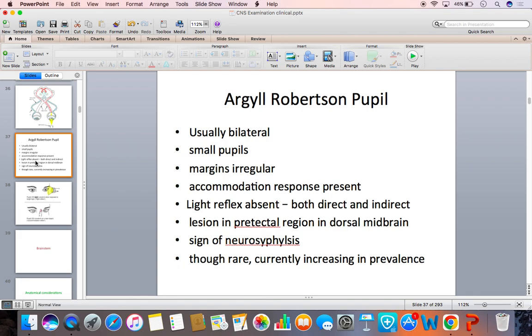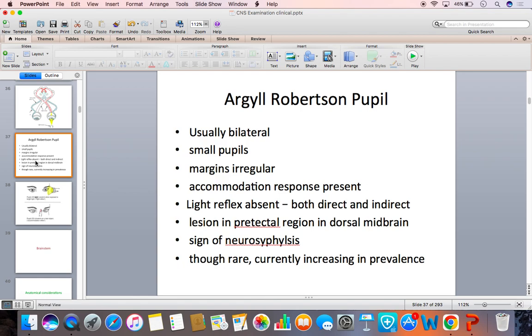Number four, accommodation reflex is present, but the light reflex is absent, both direct as well as indirect. The site of lesion is in the pretectal region in the dorsal midbrain. The cause of the lesion is neurosyphilis. Though rare, it is currently increasing in prevalence. That is about the Argyll-Robertson pupil.